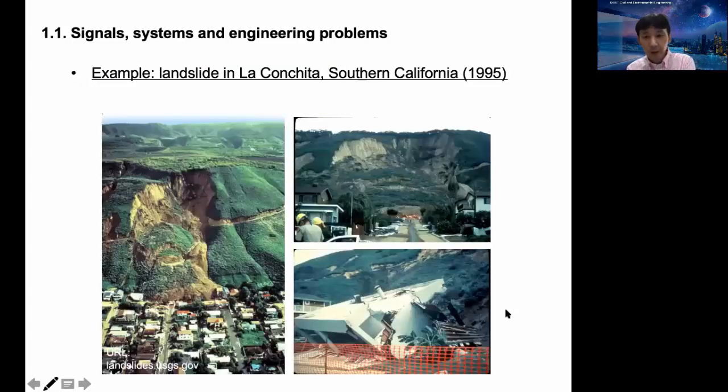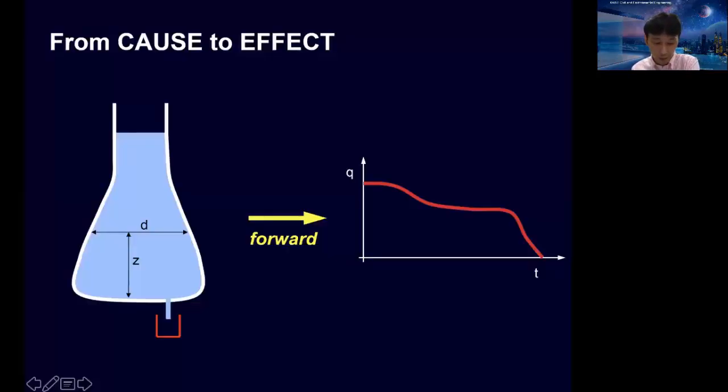We can look at this landslide from a system perspective. This landslide occurred in 1995 in Southern California, La Conchita, and the cause of this landslide was extreme rainfall. So rainfall could be the input, and the system will be this geology, right?